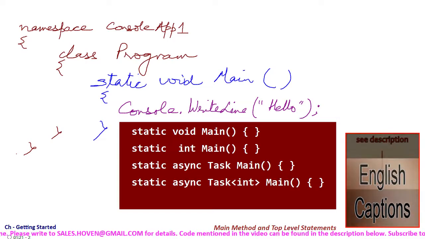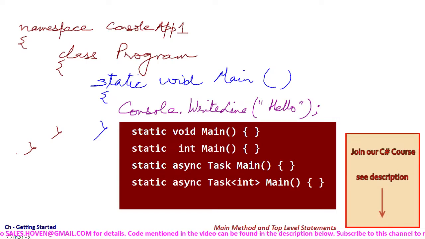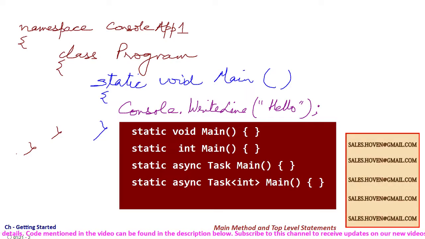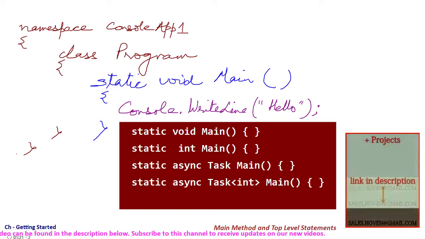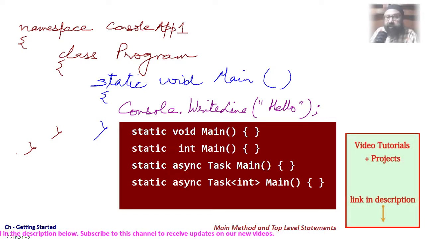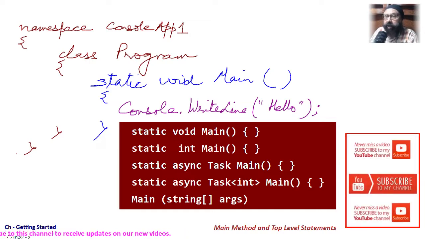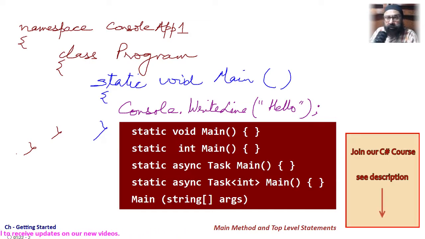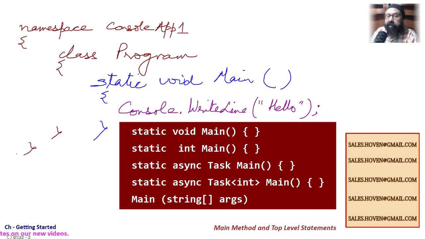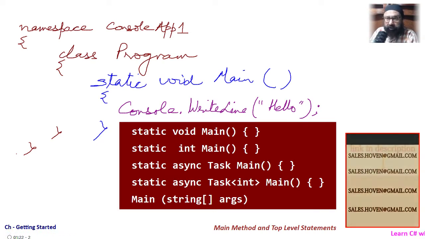We can also have static async Task<int> main, that is the corresponding one for the int. This returns an int. Each of these functions has a corresponding overload that can take command line arguments. The command line arguments are available as a string array in this overload.